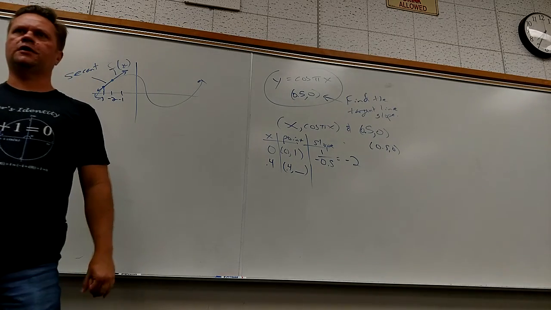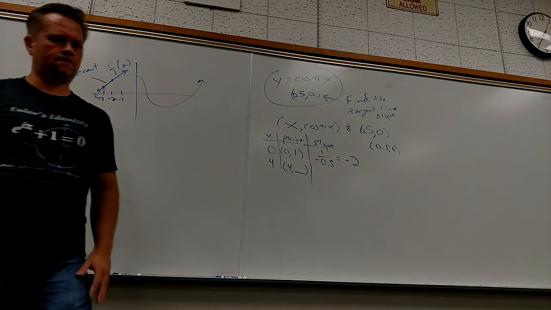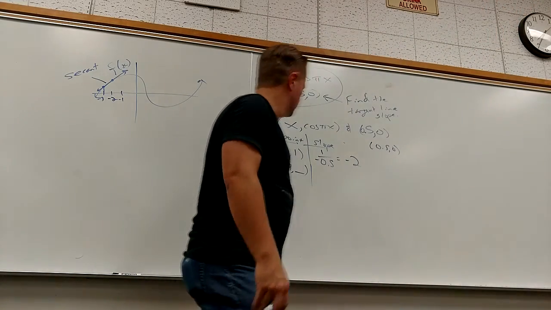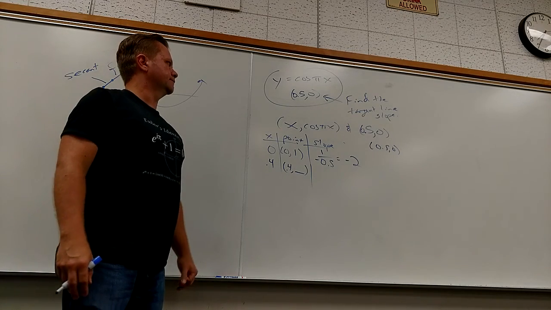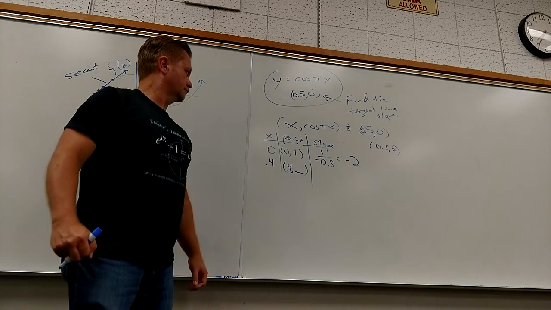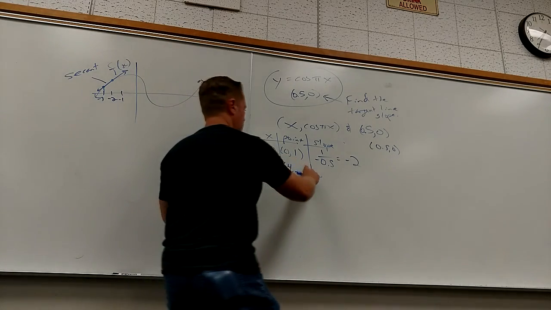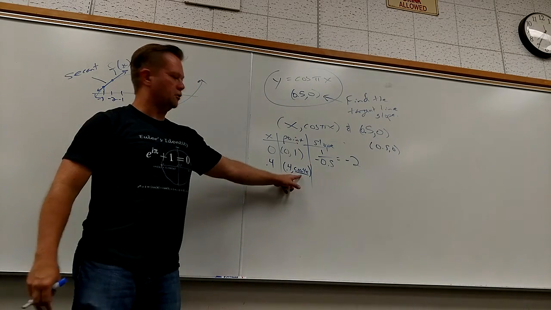So you can approximate that. Right, that would be the output, cosine of 0.4 pi.